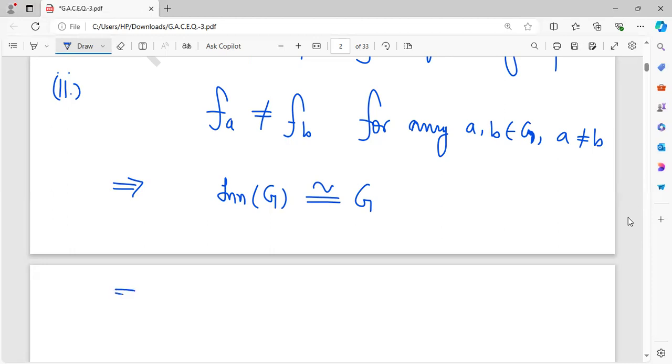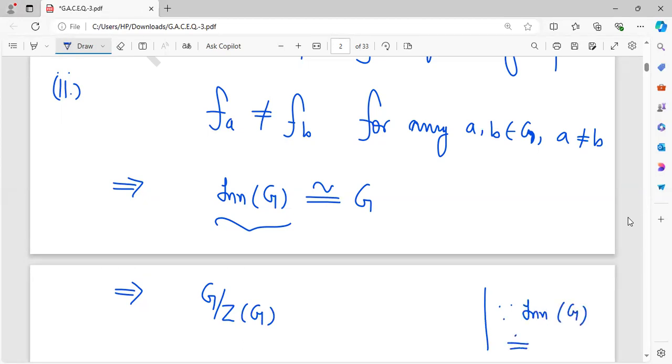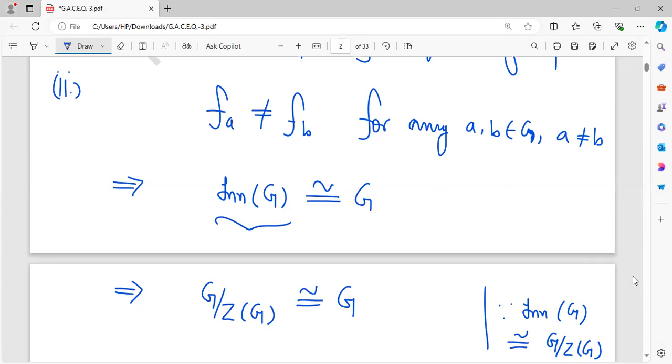But we know that the inner automorphism group is isomorphic to G by Z(G). So if we put the value of G by Z(G), it will be isomorphic to G. Okay. Now, G quotient Z(G) is isomorphic to G.